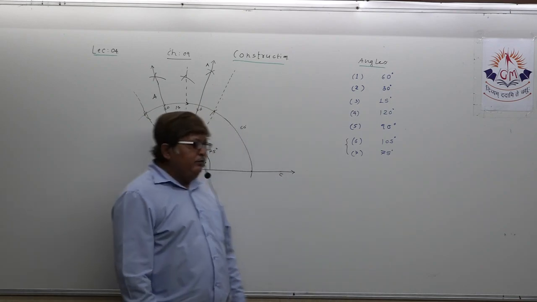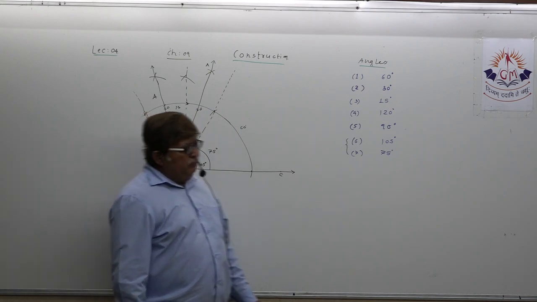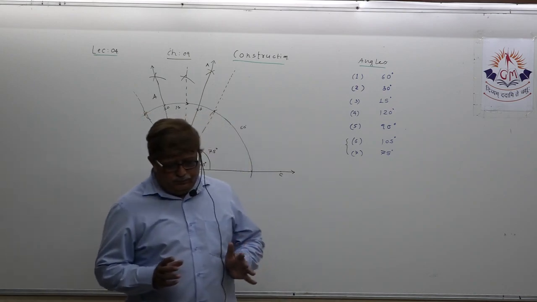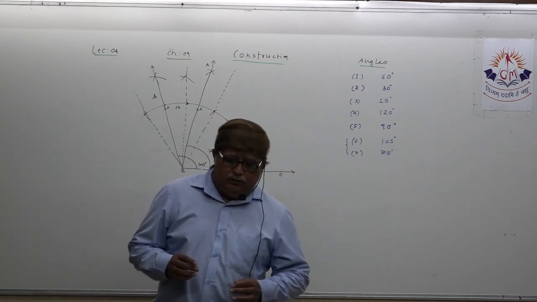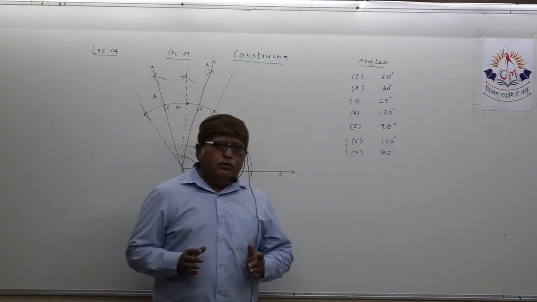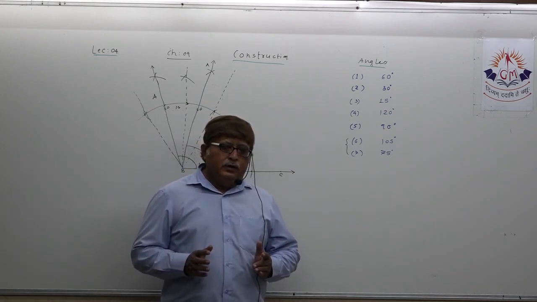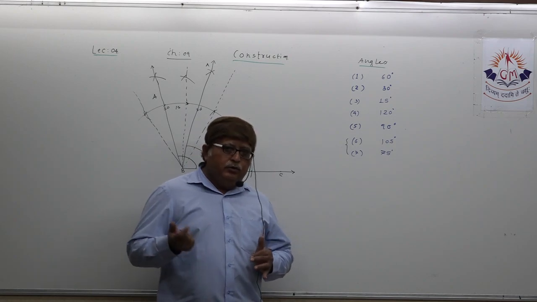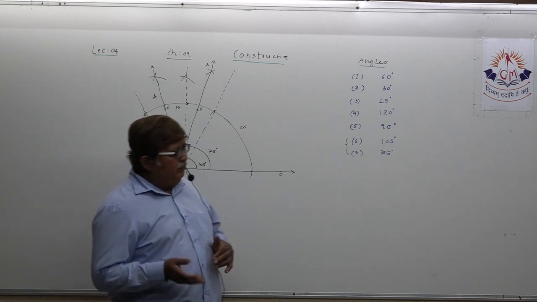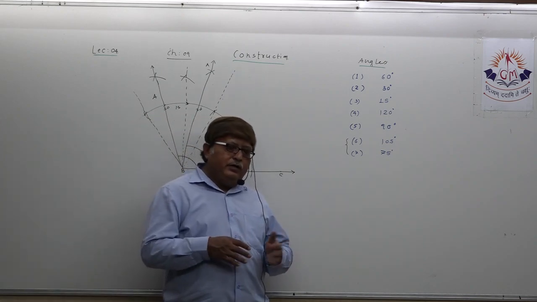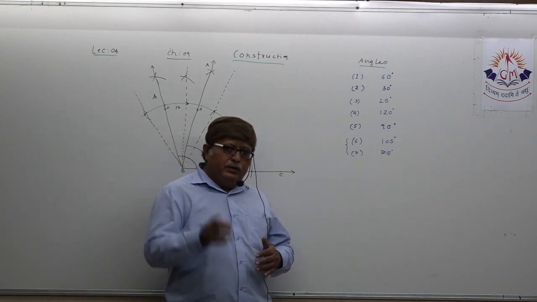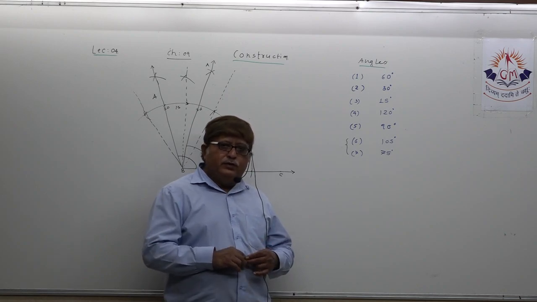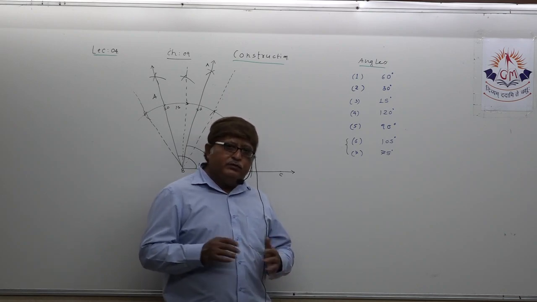You understood this? Okay. So today's lecture is just for the purpose of understanding how to construct various angles. You may also practice at home to design any one angle by yourself and try to construct it with the help of a pair of compass and ruler.